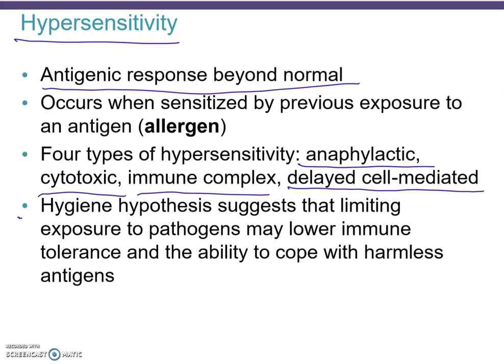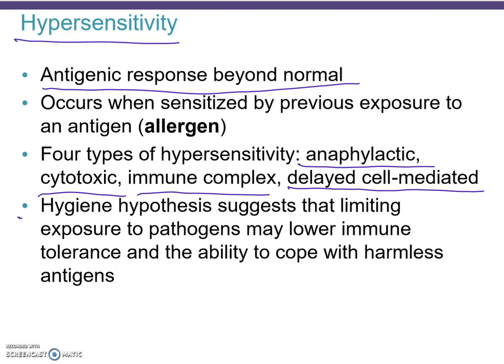And so it's been shown that kids that are growing up in very dirty kind of settings, where they're exposed to lots and lots of different allergens and antigens, that they have stronger and healthier immune systems than people that are growing up in very sanitized, kind of more sterile environments.